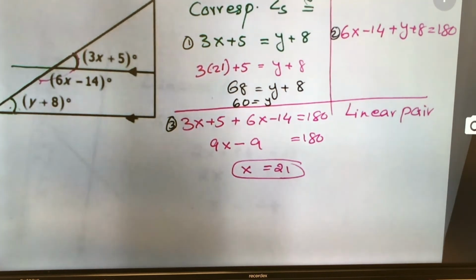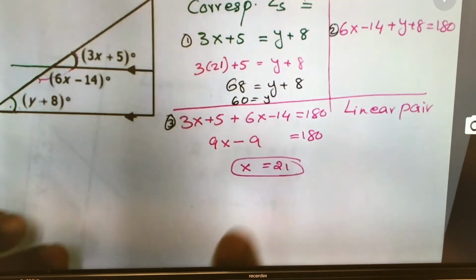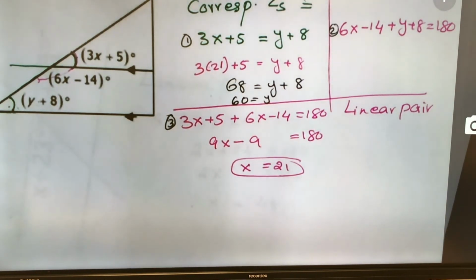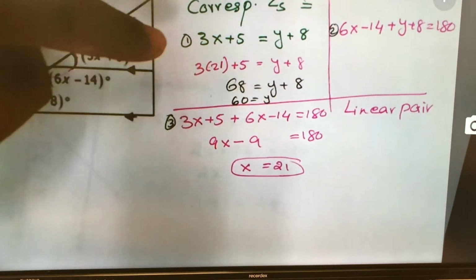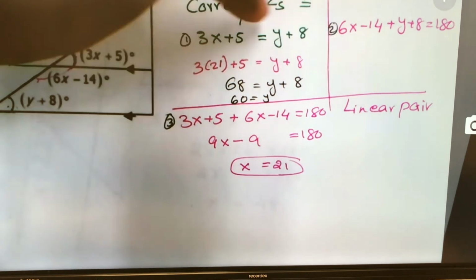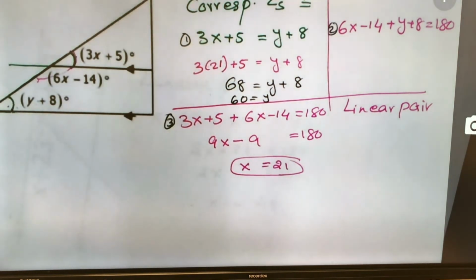At the beginning, we don't know the value of any of the variables. So first, I need to use the third equation because it has only one variable, so I can solve for that variable. Here we have only the x term, so when you solve it, you get x is equal to 21. Once you have the value of one variable, you can plug that value into one of these equations and solve for the other one.